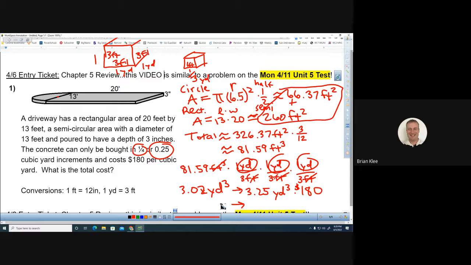Gives me a final answer of $585 to pour concrete to cover that driveway to a depth of 3 inches.